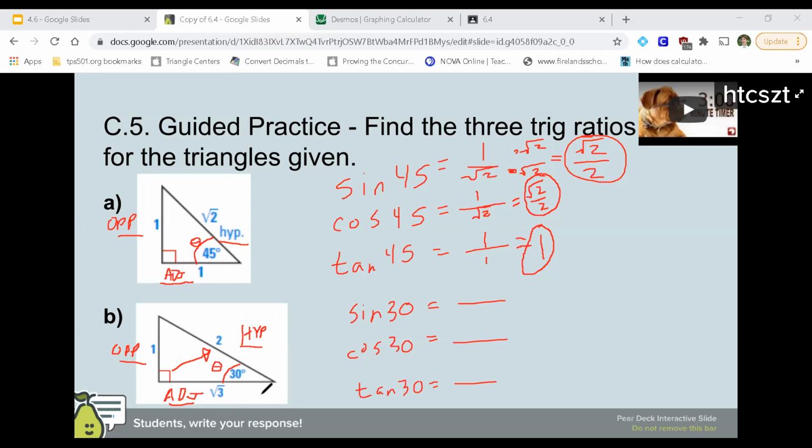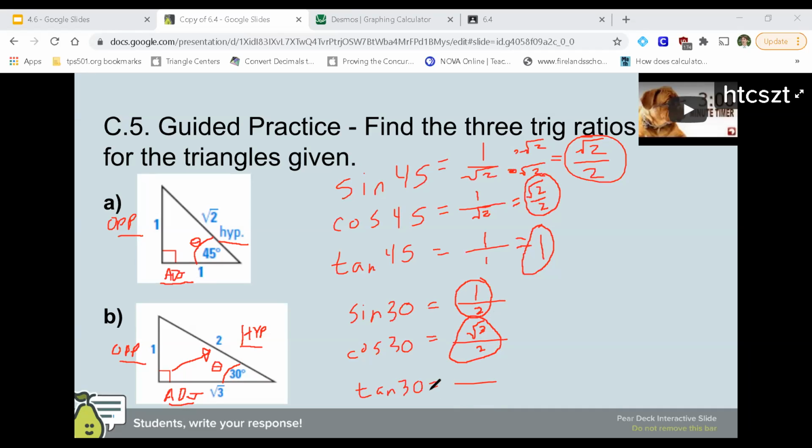If we write then, sine is opposite over hypotenuse, so it's 1 over 2. That's done. Nothing more we can do there. Cosine is adjacent over hypotenuse. And again, it's okay to have that square root on top. That's fine. That's done. Square root of 3 over 2.